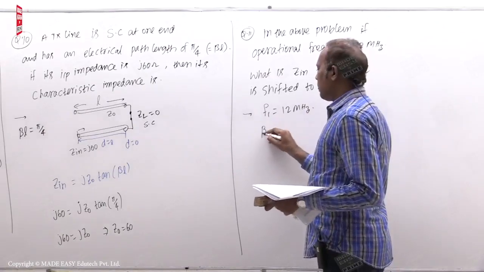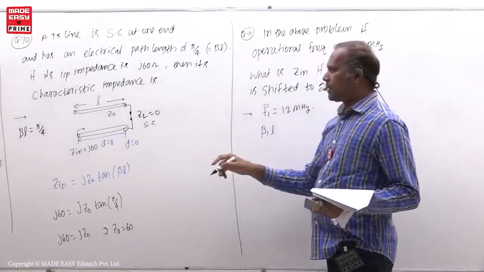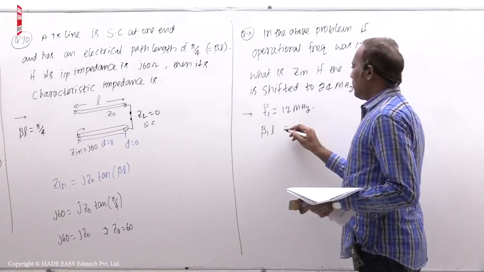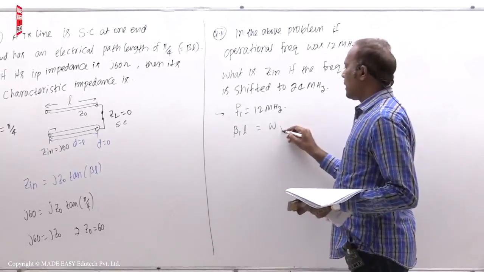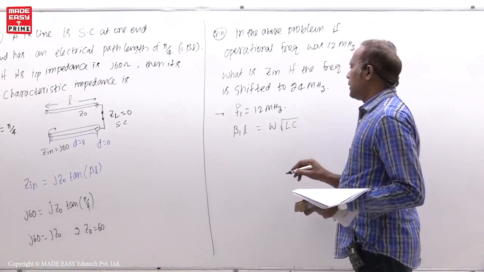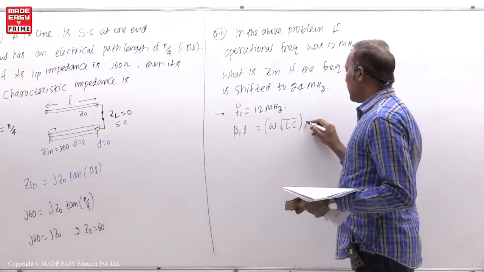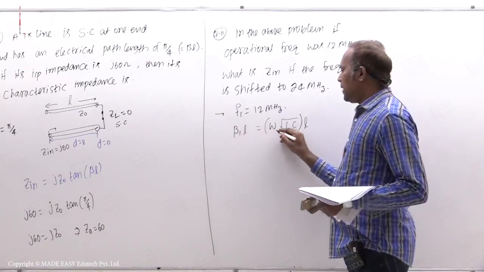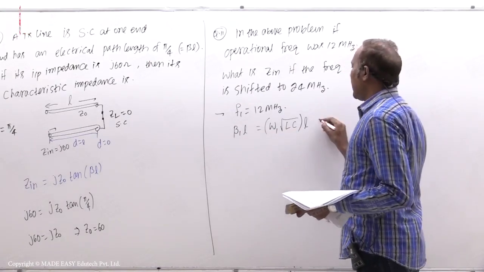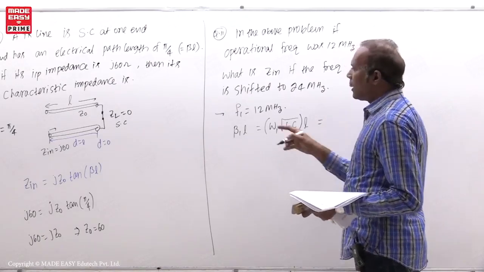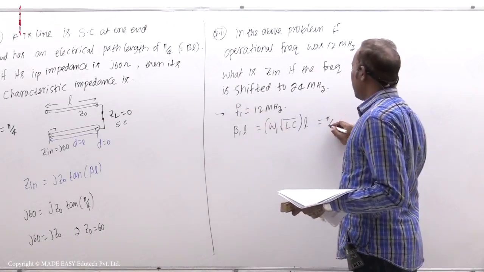Then he has given β1 into L. Beta is equal to ω root LC, students, that is the formula, into L. So β1 means ω1, that means at frequency 1, β1 is there. And he has given this value in the previous question as π/4.